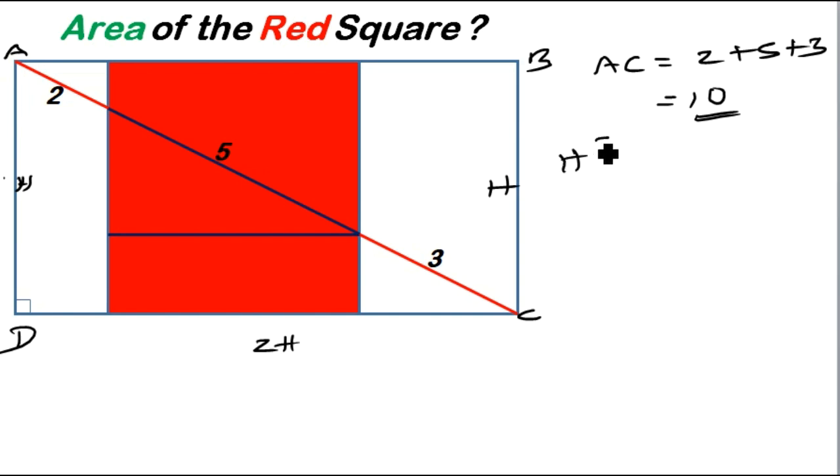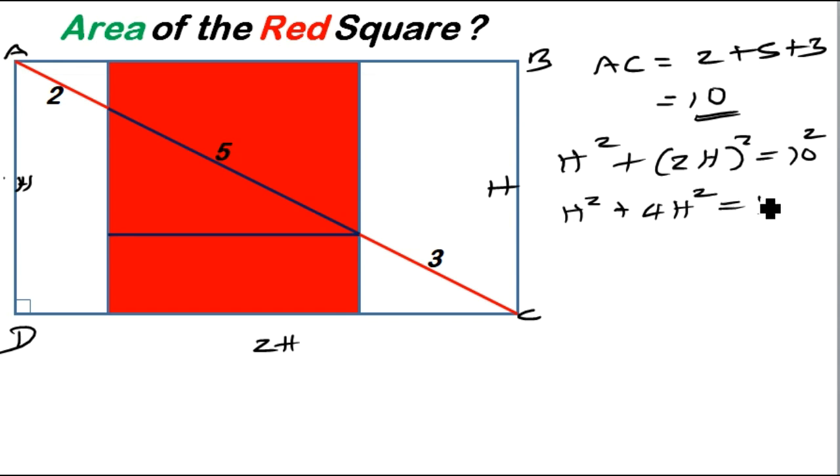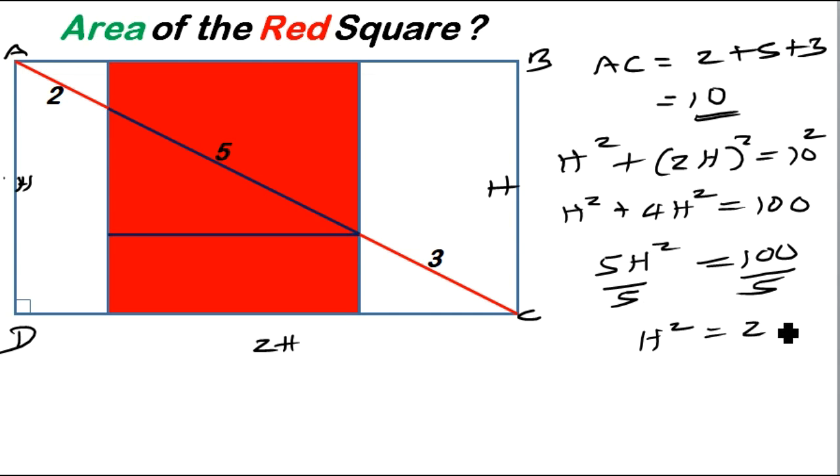So we have h squared plus 2h squared equals the hypotenuse squared from A to C, which is 10 squared. 2h squared is 4h squared, and 10 squared is 100. h squared plus 4h squared is 5h squared, which equals 100. Dividing both sides by 5, h squared is 100 divided by 5, which is 20.